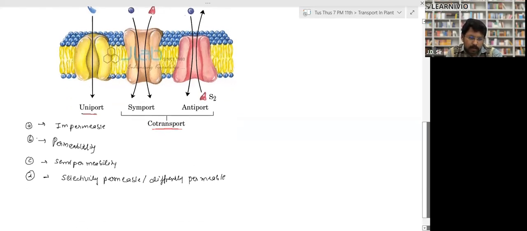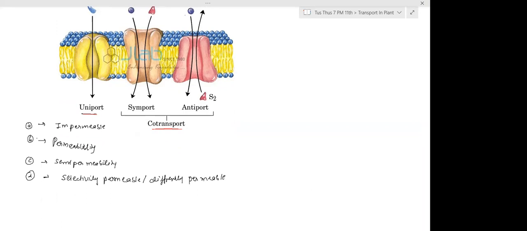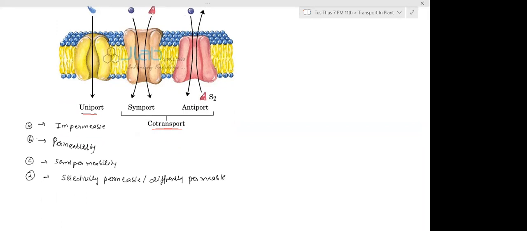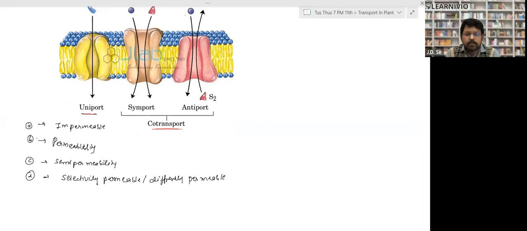Now, are you aware of these terms? Impermeable, permeability, semi-permeability, selective permeability, or differentially permeable? Yes, sir. Okay, look. Impermeable means not permeable for anything, nothing can cross through that membrane. Permeable means something can cross through the membrane.